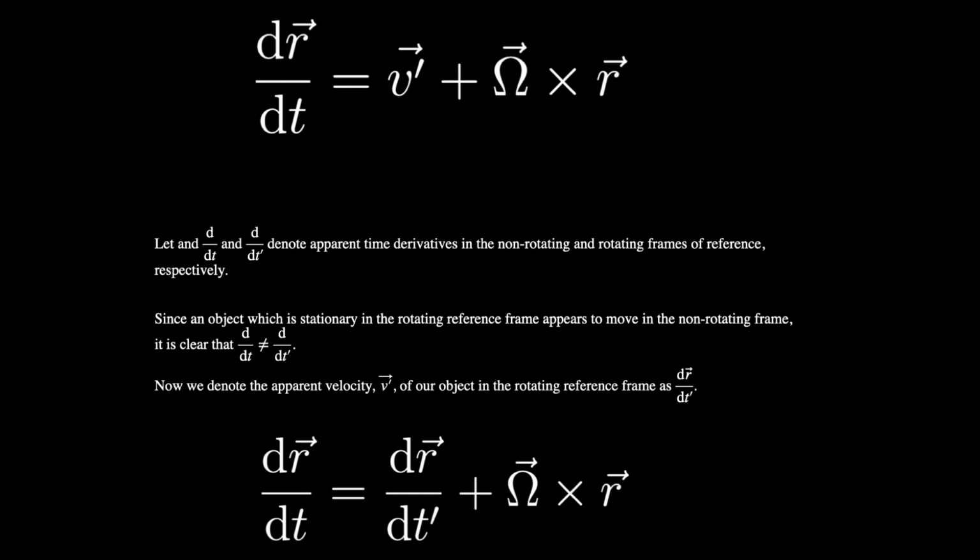So, since an object is stationary in the rotating reference frame but appears to be moving in the non-rotating reference frame, that's a very strange thing to say. It says the change in something in the non-rotating frame is going to be different than the change in the rotating reference frame. So we can't make these two time derivatives the same thing. That's where the real difference comes from, and that's where we drop down and look at the last equation at the bottom.